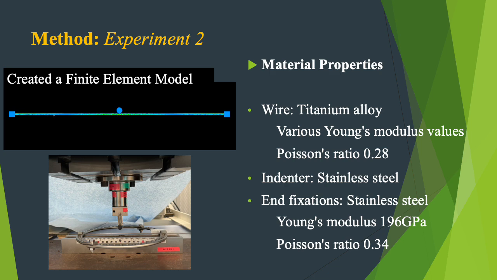For material properties, we used titanium alloy for the wire with various Young's modulus values and Poisson ratio of 0.28, and stainless steel for the indenter and end fixation with Young's modulus of 196 GPa and Poisson ratio of 0.34.